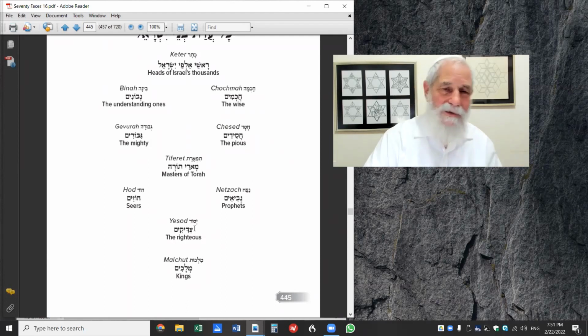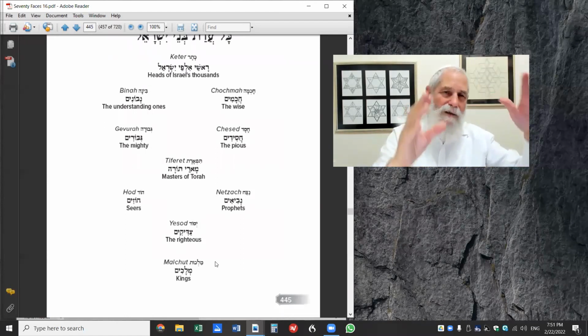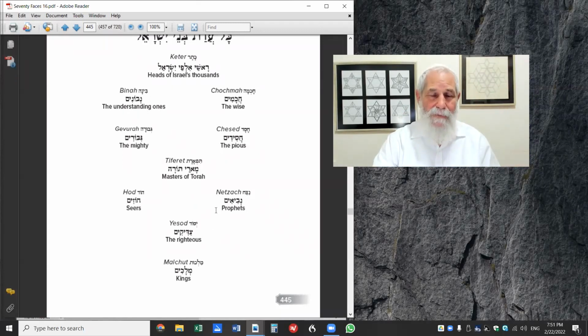The Tzadik, the righteous one, is the foundation of the world. That's Yesod. And then, of course, the kings are Melachim, which is Malchut. So this chart is super obvious, but again, it's an idea of trying to take all different segments of the Jewish people and showing their connection to the Sefirot.